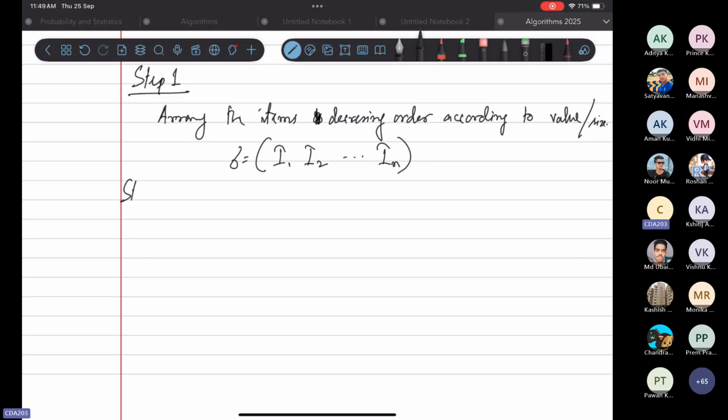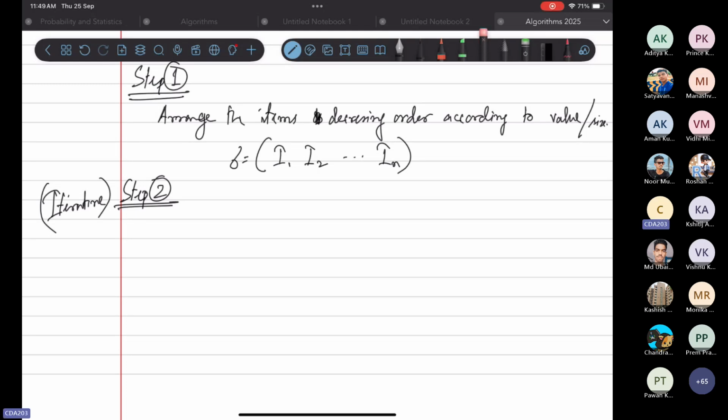So what should I do next? It's again an iterative process. Okay. What should I do? I'll check the ith item.